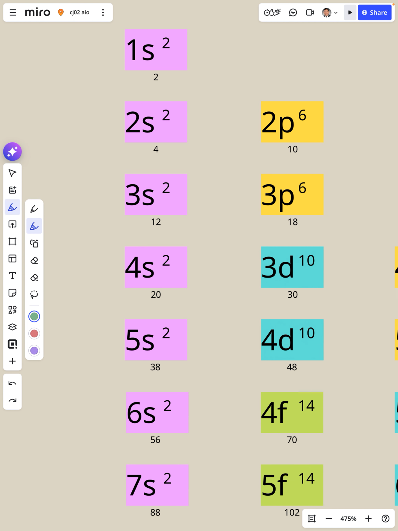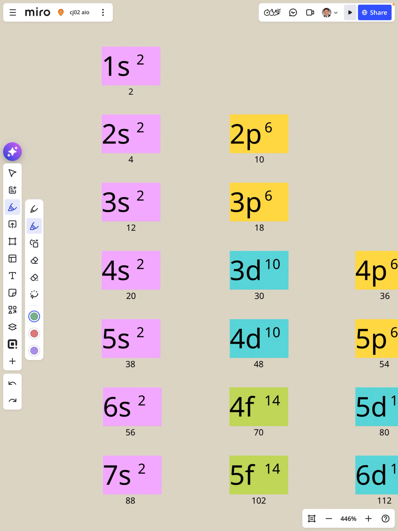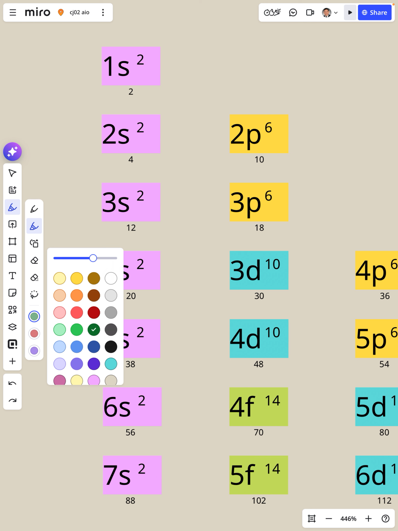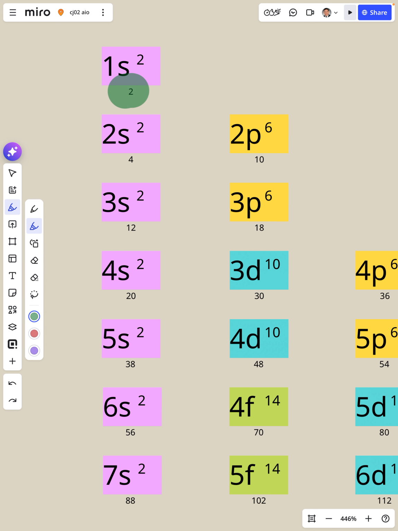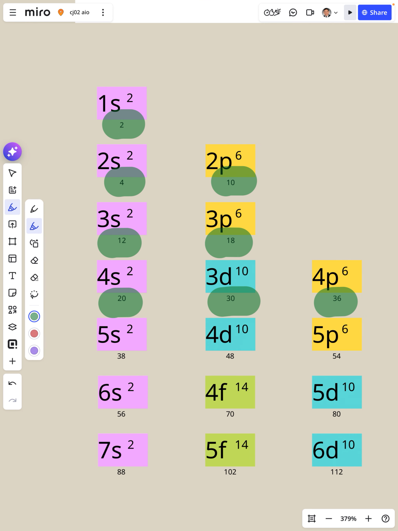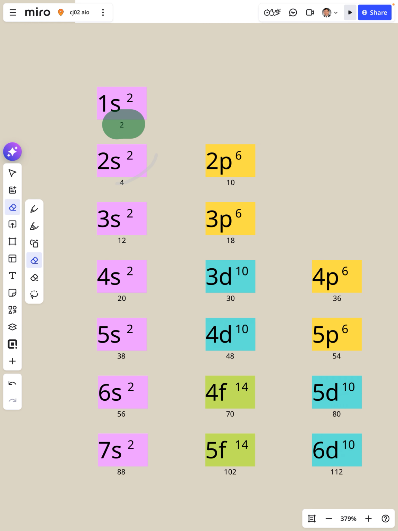In my Aufbau diagram, I already counted the cumulative number of electrons below here, which means if you are asked to make the electronic configuration of titanium, which has 22, we just look at these two here.